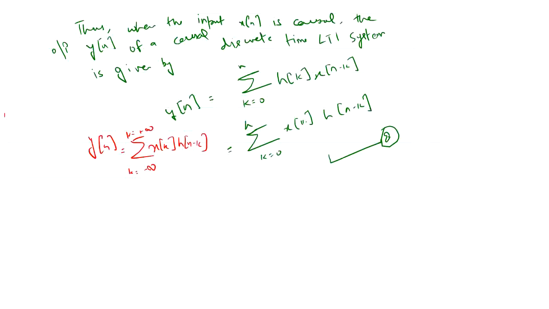But since this is a causal signal, we represent y[n] in this form: y[n] equals summation k equals 0 to n of h[k] x[n minus k], or we can also write it as summation k equals 0 to n of x[k] h[n minus k]. Both are the same.